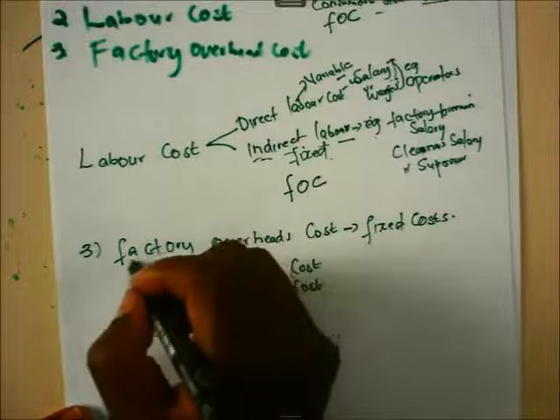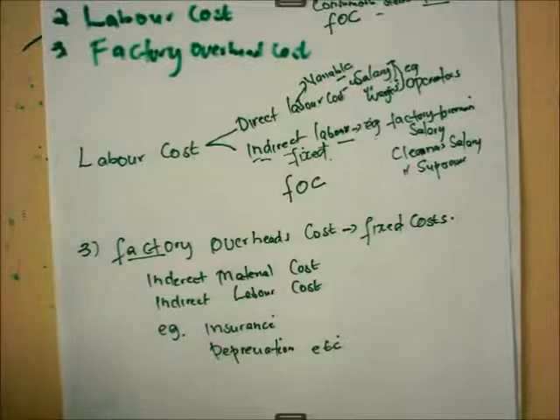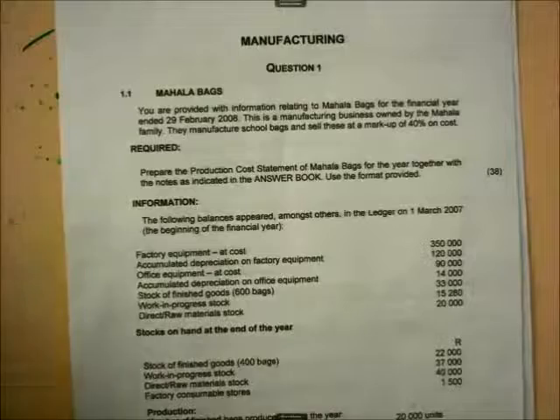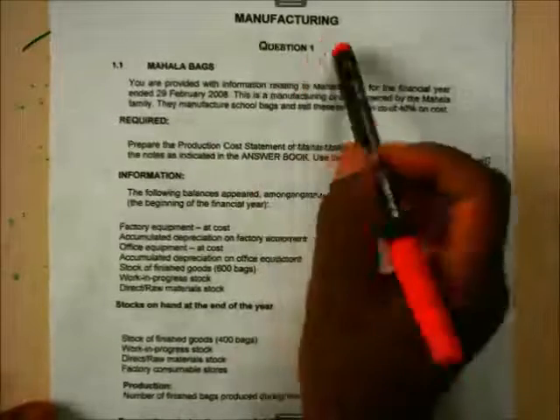Right. Now we can start with the practical example. With me, I have the previous question paper. I think this question is familiar to you, but let's use it as a revision. Manufacturing.